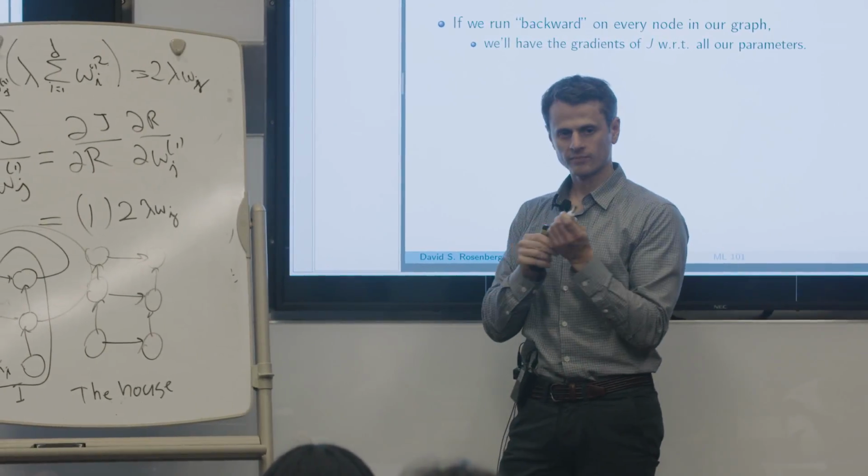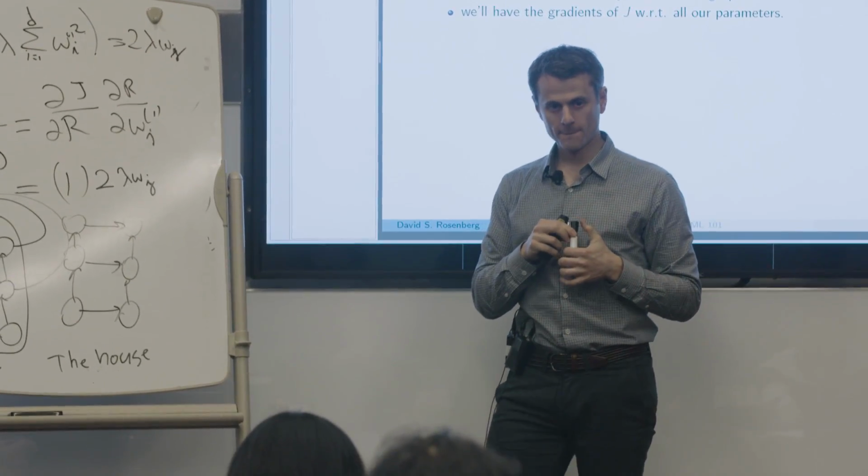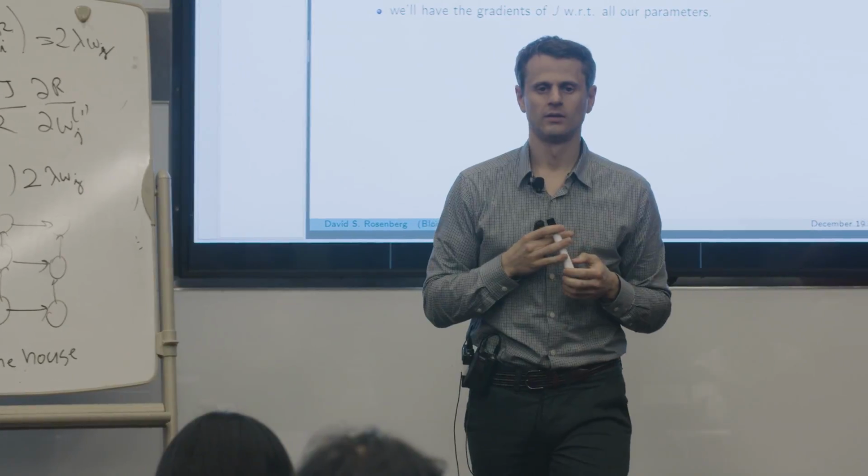Anyway, what else? Yeah? Can you comment, for problems where regular least squares does a good job, do you have something to say about the performance of neural networks compared to other regular techniques?